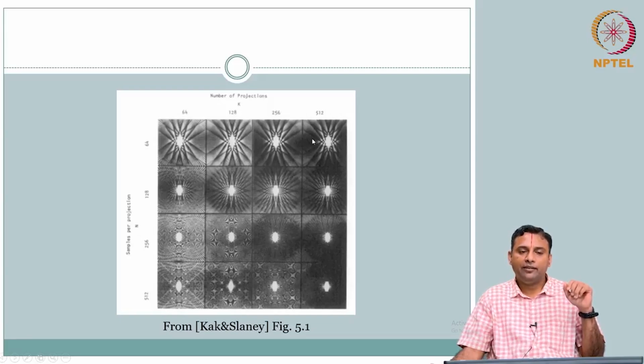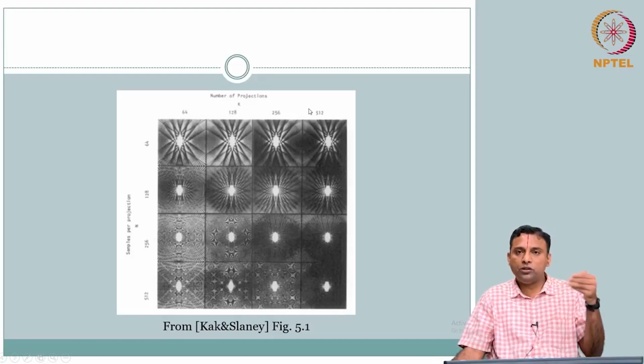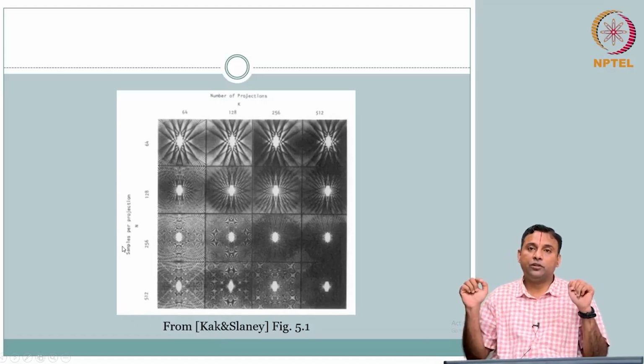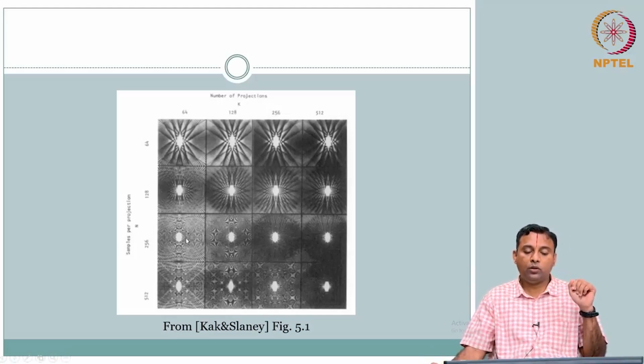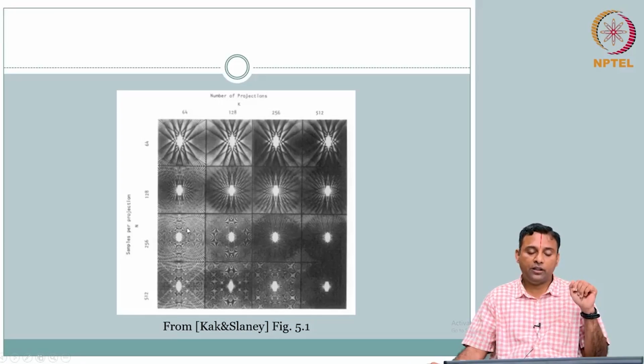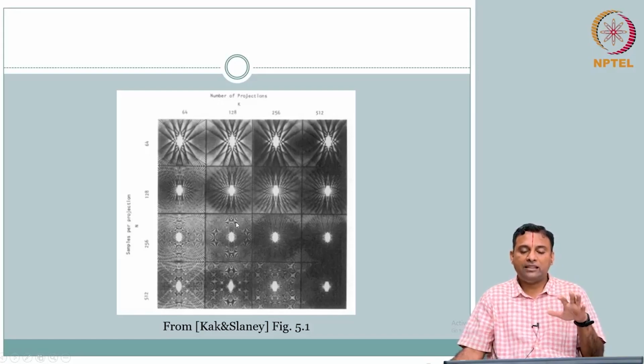When we talked about undersampling, we didn't really say what it is. Now you know. Undersampling can be in the views, or in the number of detector elements in those views. Either case has its own effect, and you see the aliasing. So this is the streak artifact.